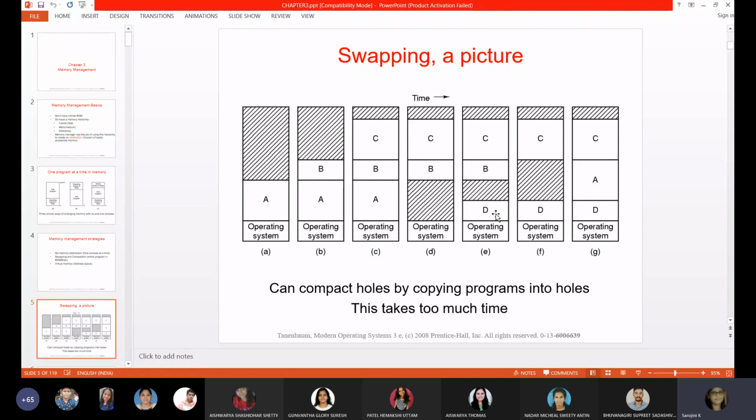Holes means free space. You can compact holes by copying programs into holes, but this takes too much time. This is the disadvantage of compaction.